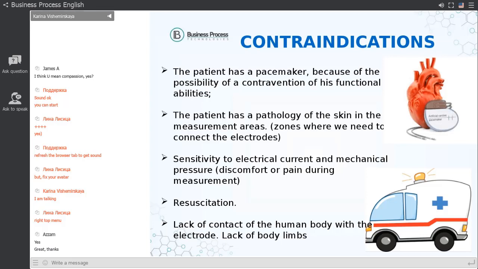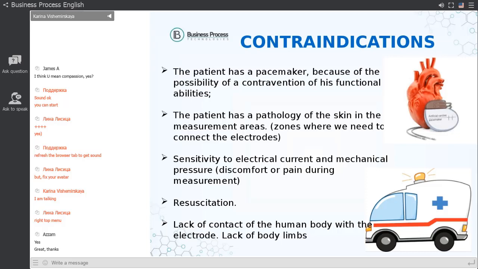The second contraindication is that the patient has a pathology of the skin in the measurement areas, those zones where we connect the six leads: head, feet, and hands. If the person has some skin pathologies in these areas, if it's, for example, one small pimple on the forehead, we can always move the electrode a little bit to the right.